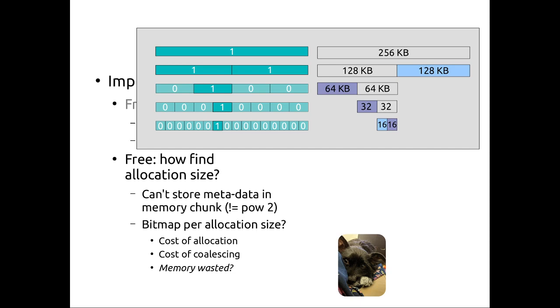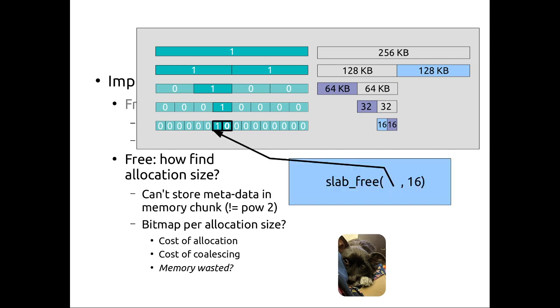The far left zero at the third level, the 64 kilobyte level within the bitmap, is 0. And that's because that 64 kilobyte chunk has not been allocated out. It's not used and it is available, right? So we follow this through and you see the bitmap configured as it is. And if we get a request to free a slab allocation, we might pass in the size that we're freeing or we might not. But whatever we do, we find the corresponding entry in the bitmap for that allocation. In this case, that's what the arrow points to. We find its buddy in the bitmap, which is what the highlighted, bolded boxes indicate.